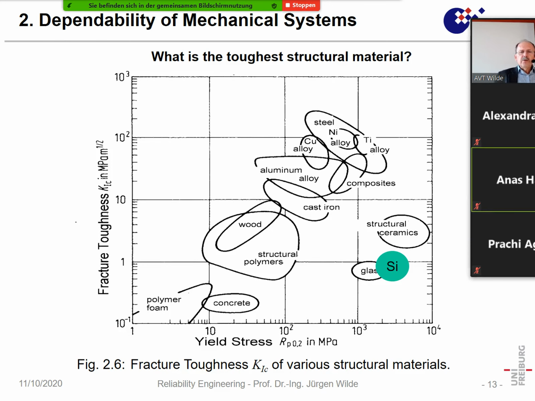Now let's have a look here at fracture toughness of materials and the yield strength. So what is yield strength? When you pull a material, at some point it will yield. That means it will deform in a plastic way. So if you release it, then the deformation will not go back.